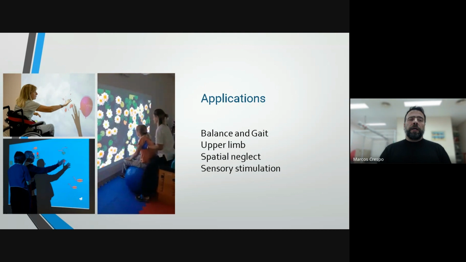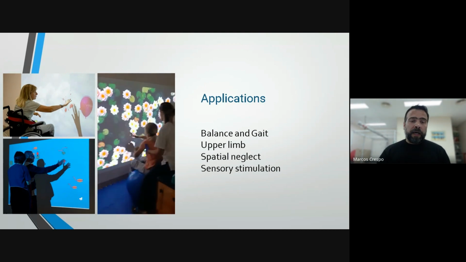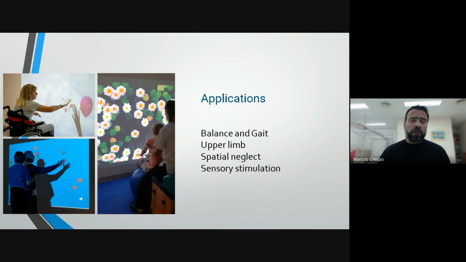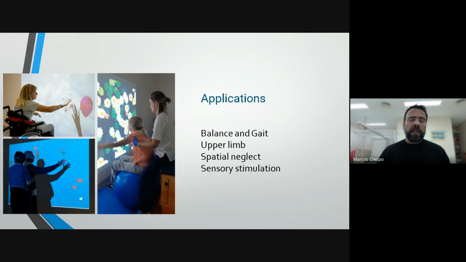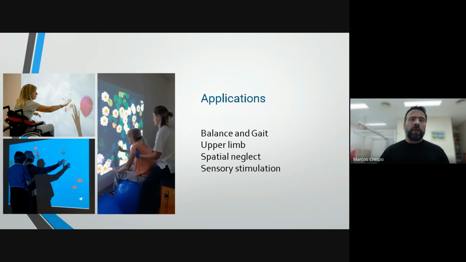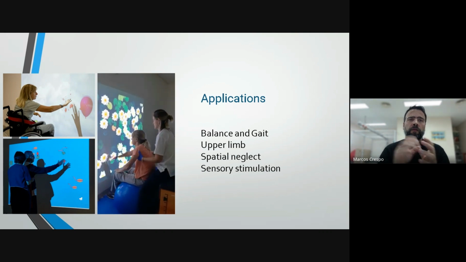About the applications of Nirvana in our programs, we use this tool a lot in balance and gait rehabilitation, strengthening of the core. We use a lot of different gym elements, soft objects of the gym, like this ball or rolls or some sticks to reach the target.